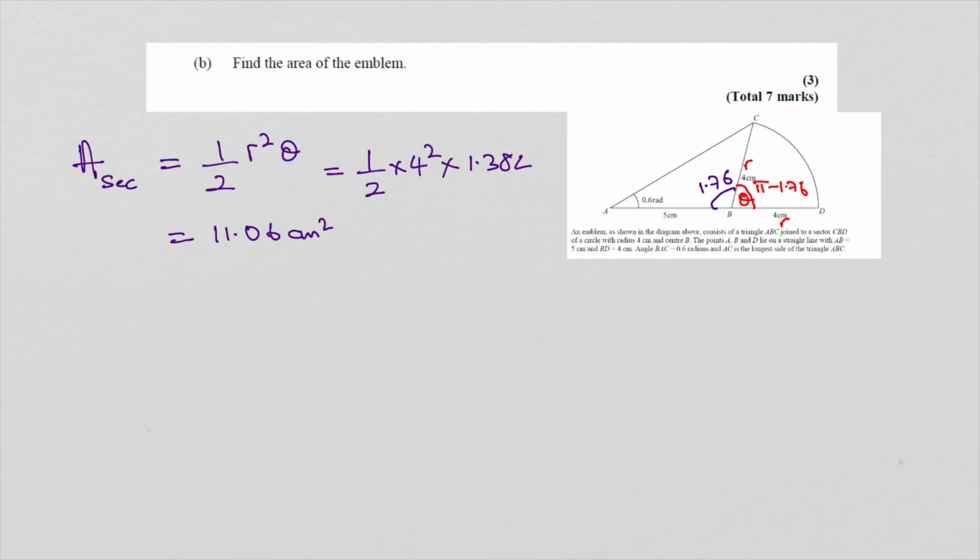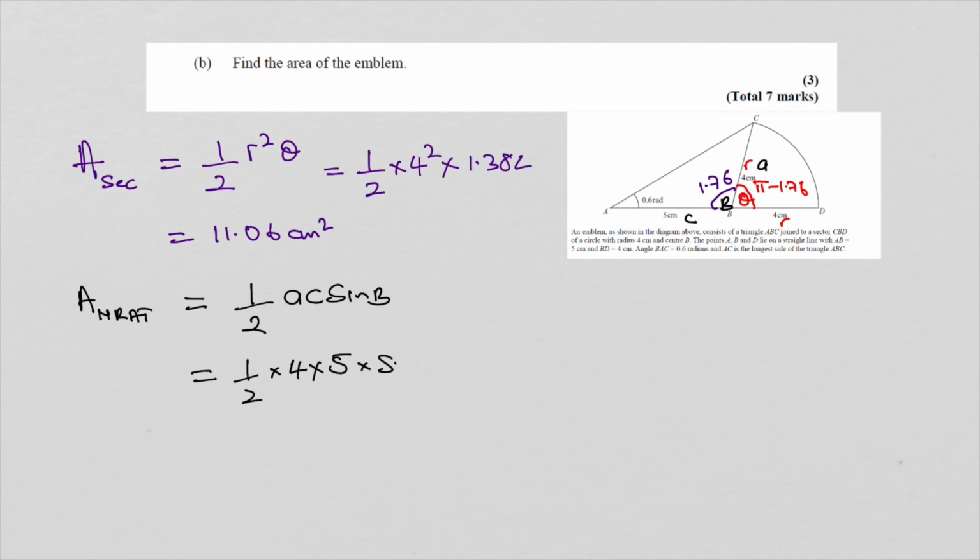Now we need to find the area of the non-right angle triangle. And in this case, it is a half AC sine of B, because we know this side is A and that side is C. So this is B here, sine of B. And we know a half times A is 4, times C is 5, times sine 1.76.